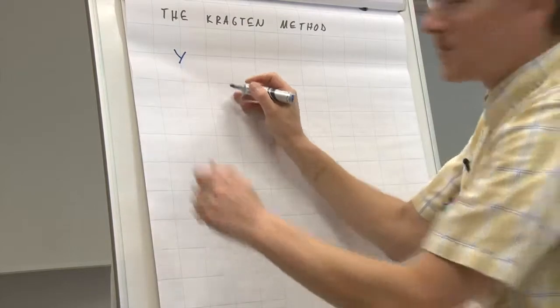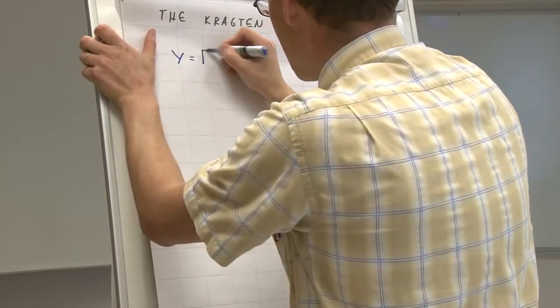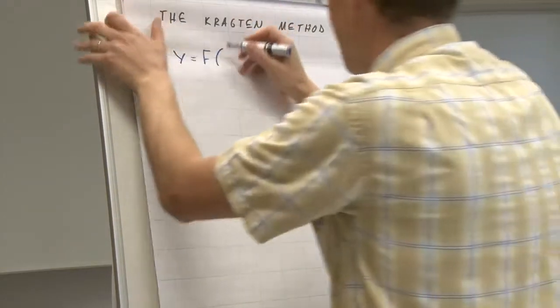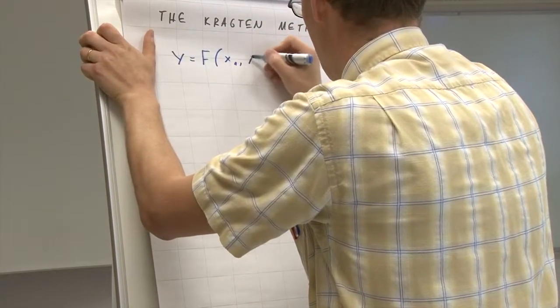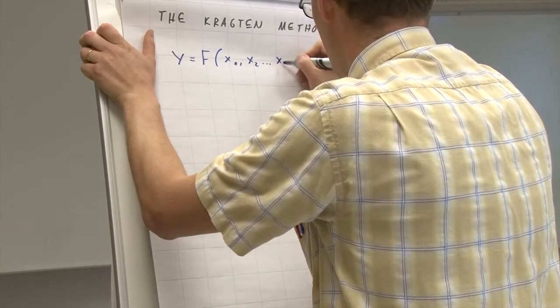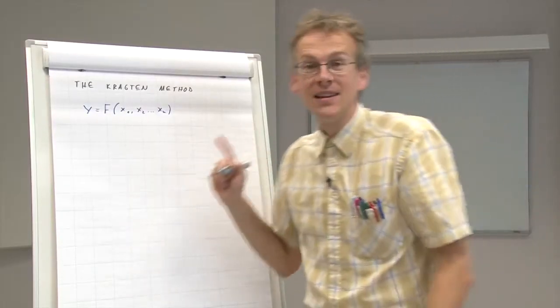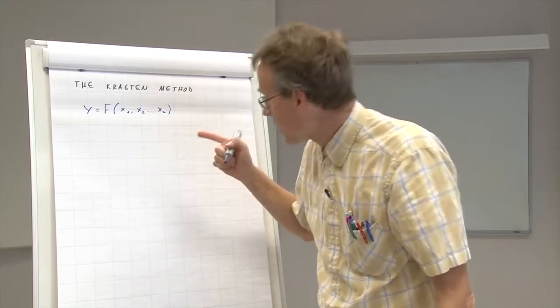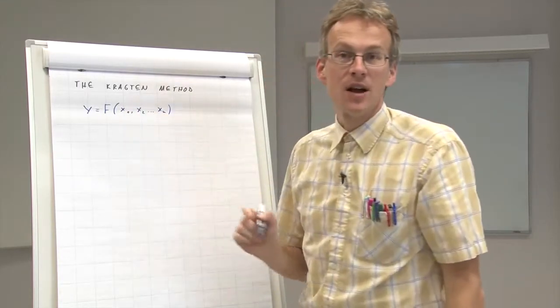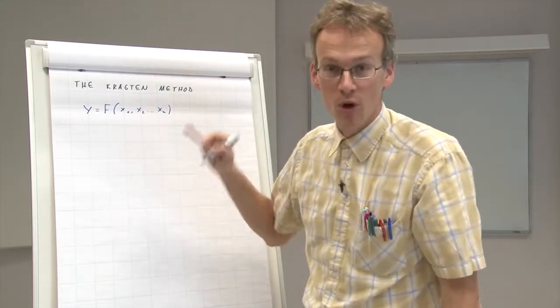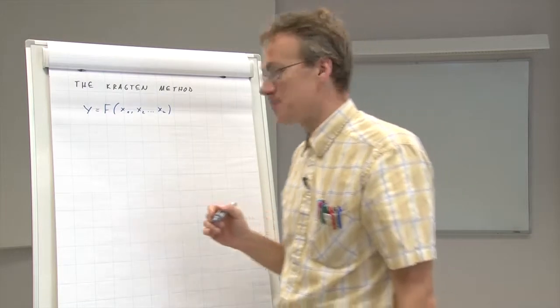Our output quantity is calculated by some function from a number of N different input quantities. Let us examine, for example, the uncertainty component corresponding to the input quantity number 1. All others go just the same way.